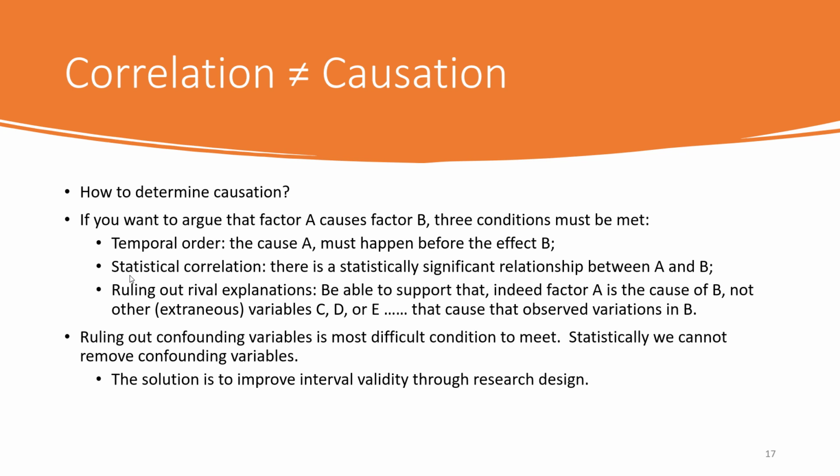And number three, which is the hardest condition to meet, is that other possible explanations must be ruled out. For example, to claim that motivation improves academic performance, you must show that motivation significantly predicts student scores while controlling for rival factors such as self-efficacy and IQ scores.